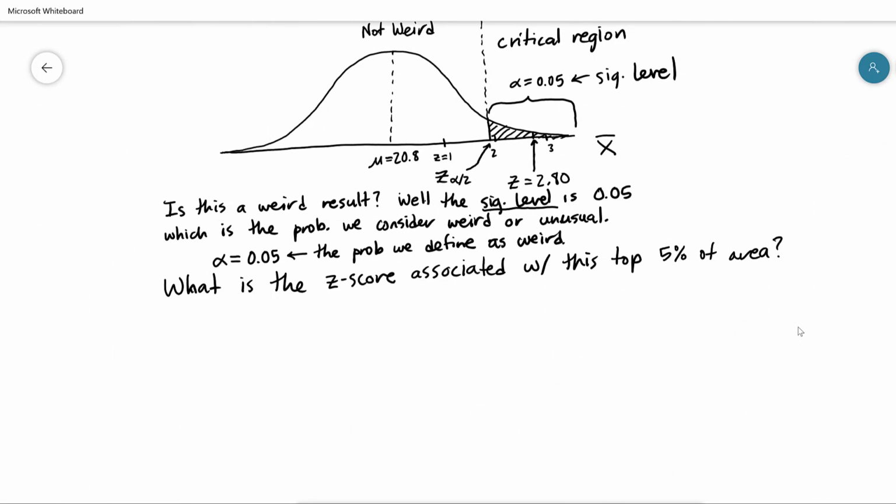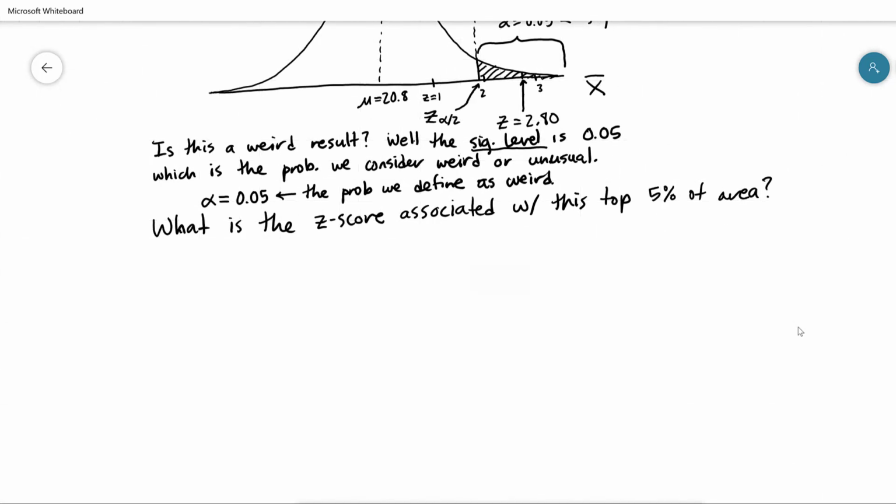So what is this value? It's called the critical value. And it's exactly the same as the critical value that we used when we were doing our confidence intervals.